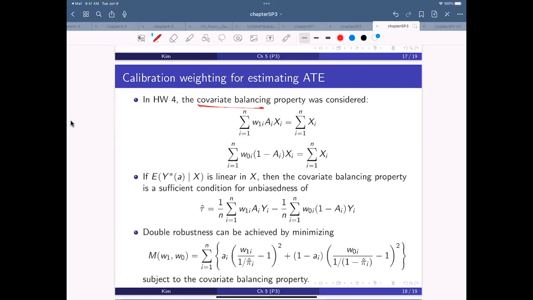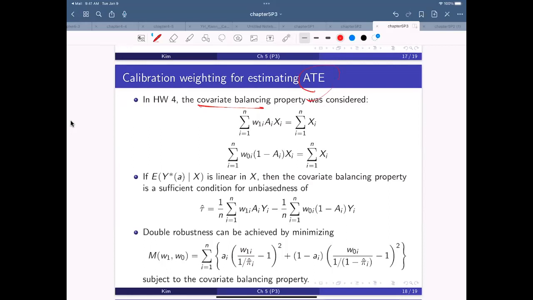The implicit model behind it is linear. But if you have a nonlinear model and you can create a basis function, then you can use the basis functions in the calibration to get the covariate balancing. Then basically all you have to do is use the final weights satisfying the covariate balancing as the estimator for ATE estimation.